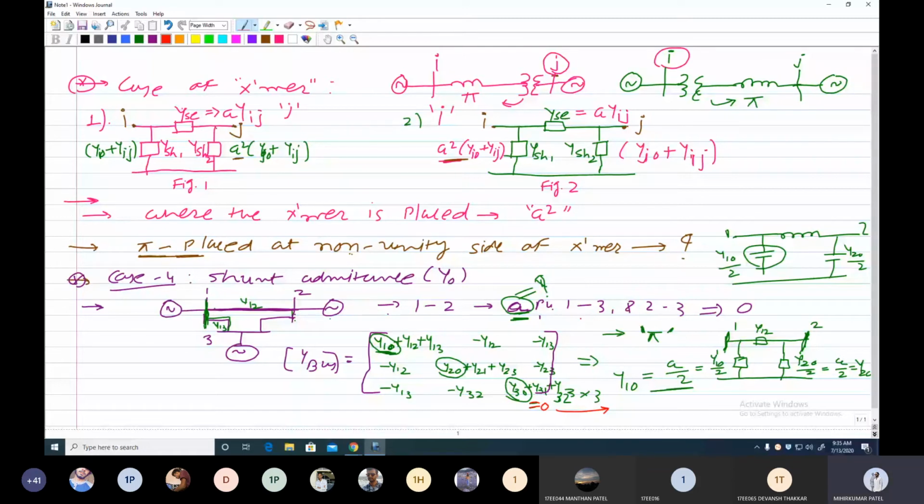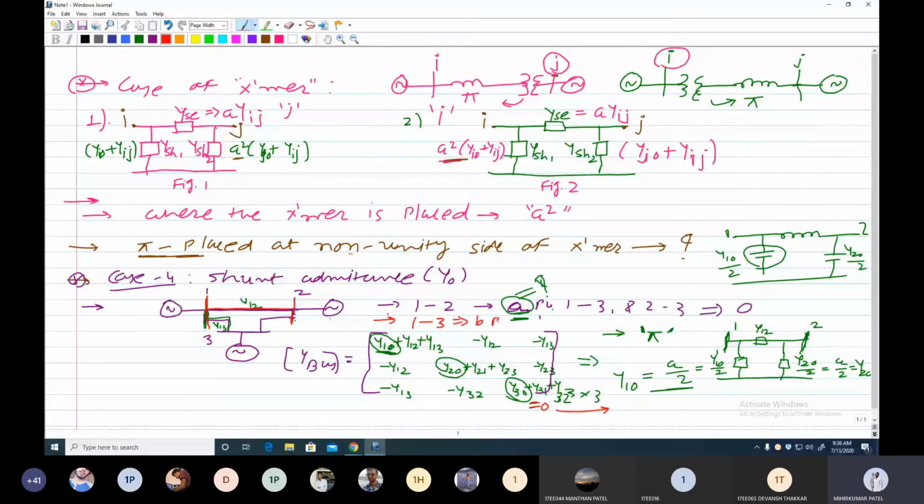So the only shunt admittance offered is by line 1-2, which is A, and which is equally divided at these two buses, bus number 1 and bus number 2. Clear? Now, let us assume that the shunt admittance offered by the transmission line 1 and 3 is given as B per unit.